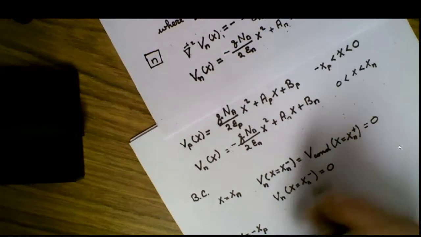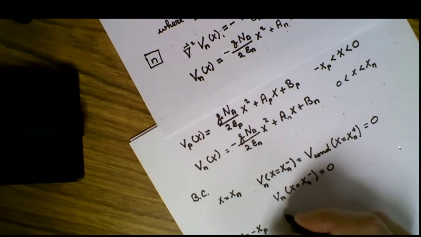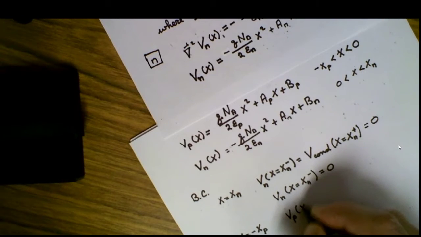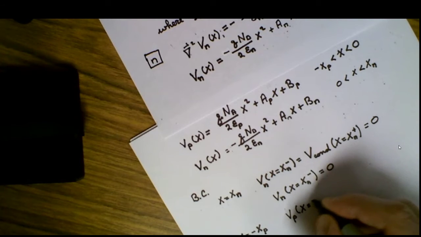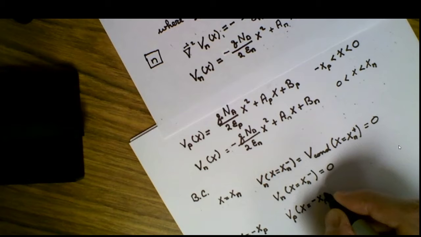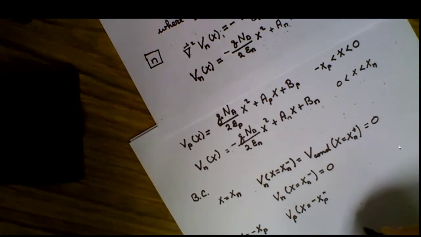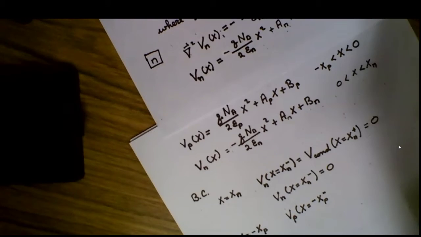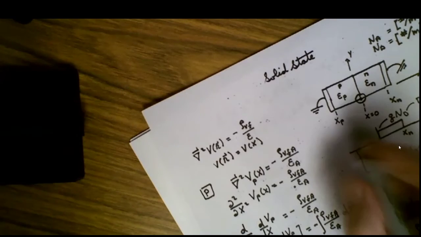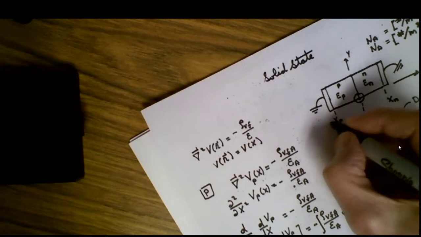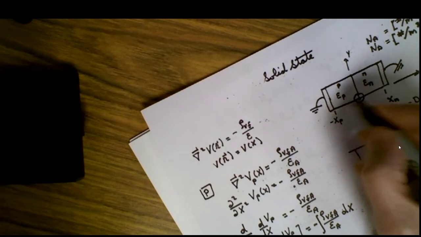So consequently, the potential in our p material at x is equal to minus x sub p minus. So we're just inside. This is minus x sub p. We are just inside that region, which is the p region.